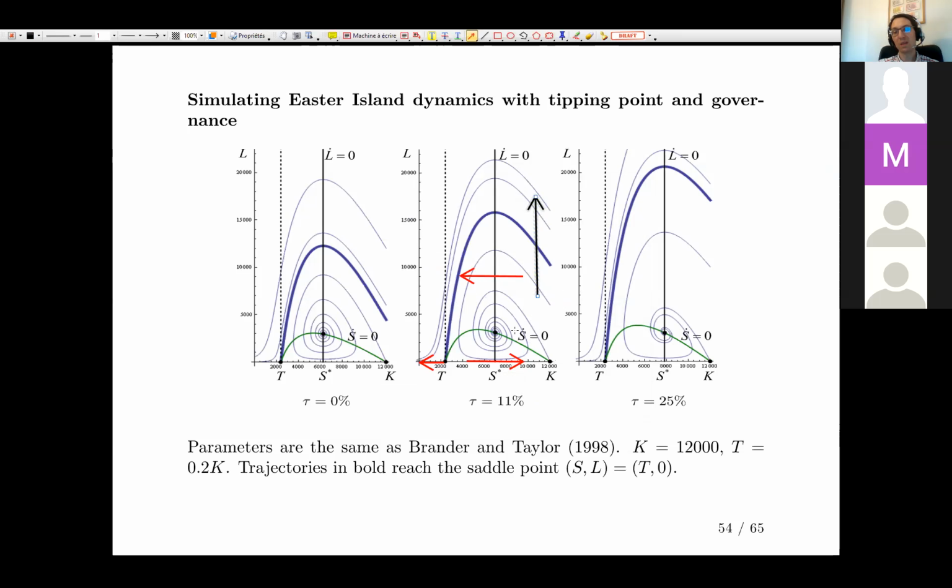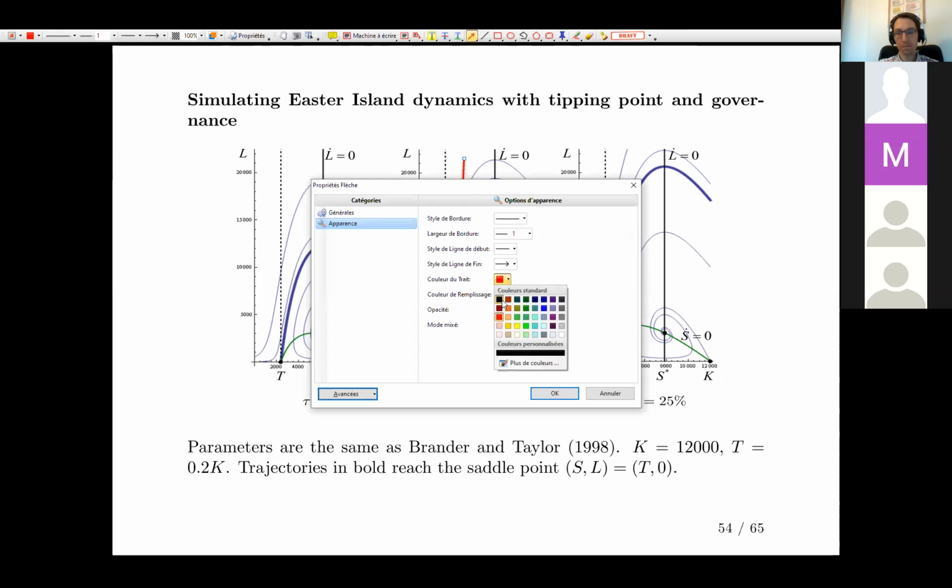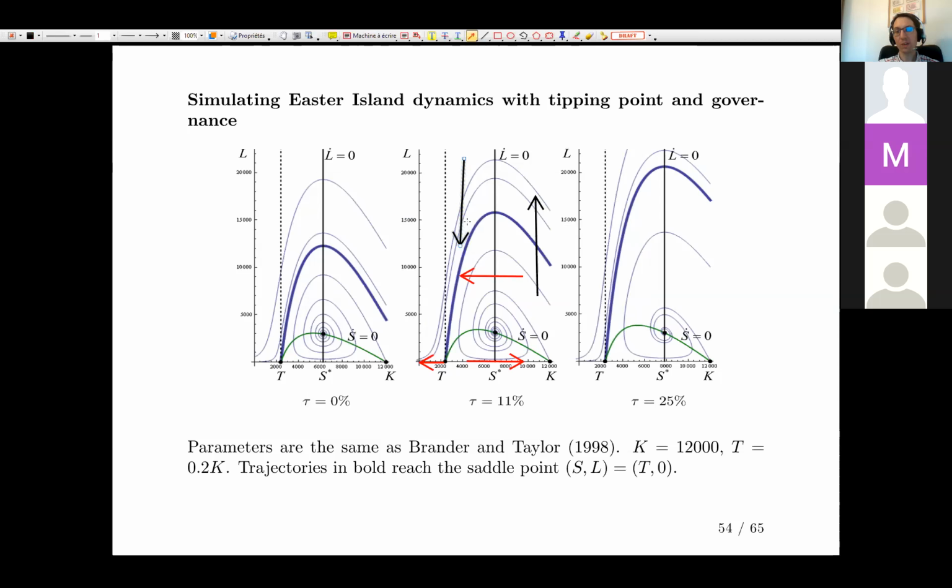It's the same thing, just flipped. I see that if I have resources higher than S star, then L increases. And if I have resources lower than this level, then L decreases.